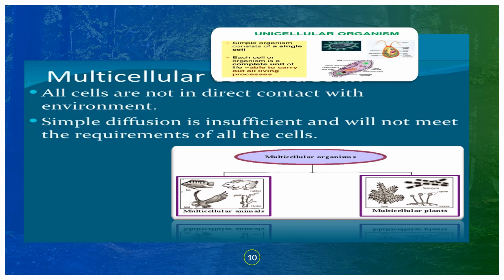But in case of multicellular, this thing is not possible because their requirements are more. And secondly, their body is not in direct contact with environment. Here in the picture, you can see multicellular organisms. There are multicellular animals and multicellular plants. Rabbit is there, fish is there, vulture is there, hydra is there. And in case of multicellular plants, you can see some plants here.